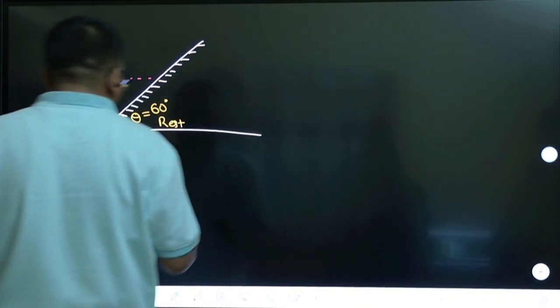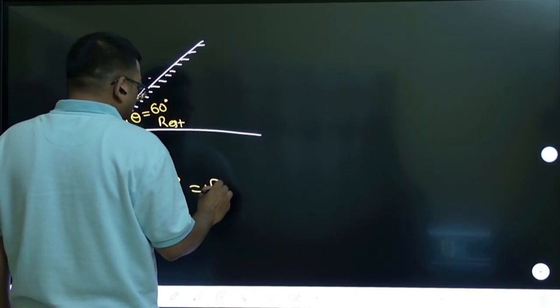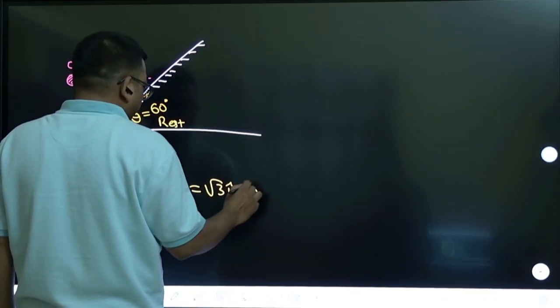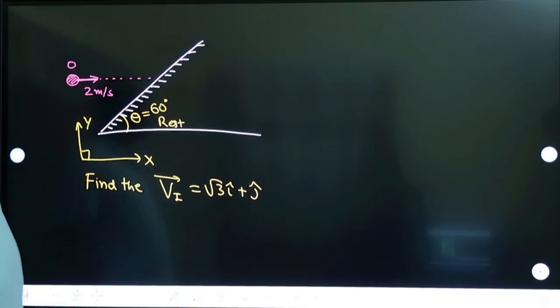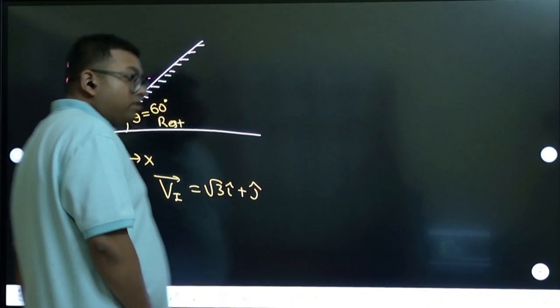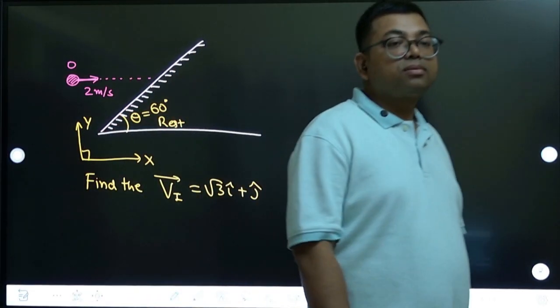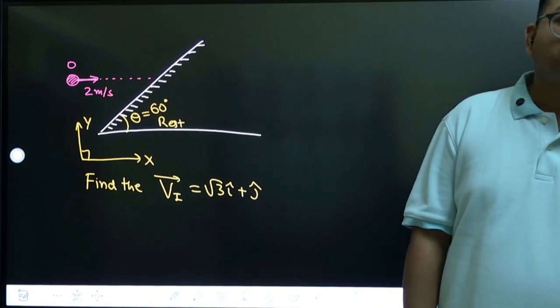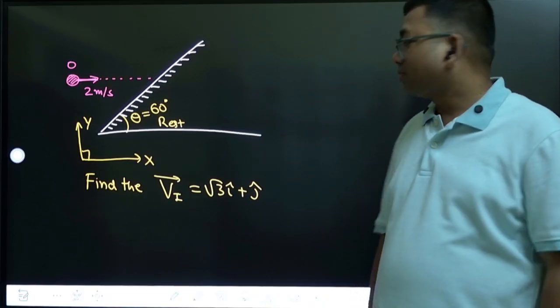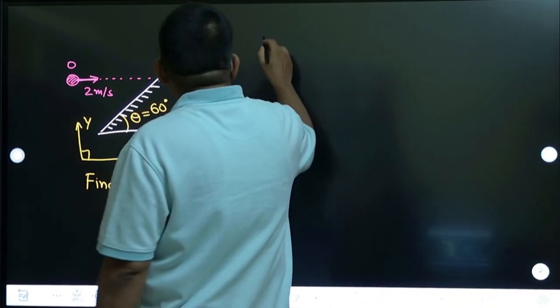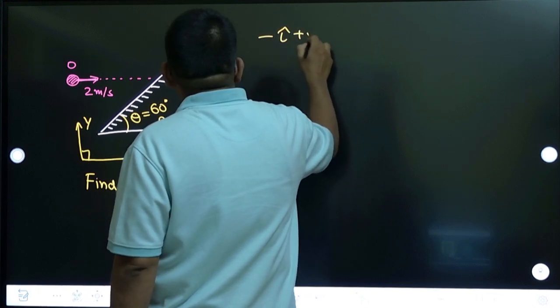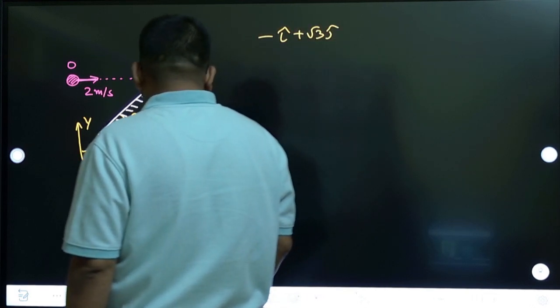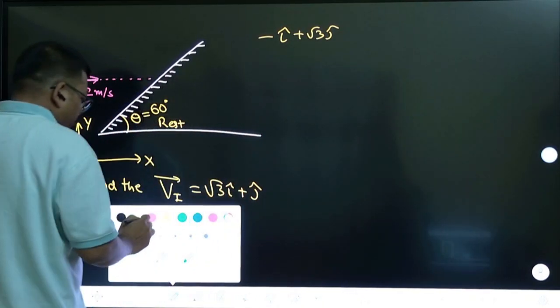Your answer is root 3 i cap plus j cap, right? Nishant, any answer you got? Your answer is minus i cap plus root 3 j cap. Okay, let us take that.